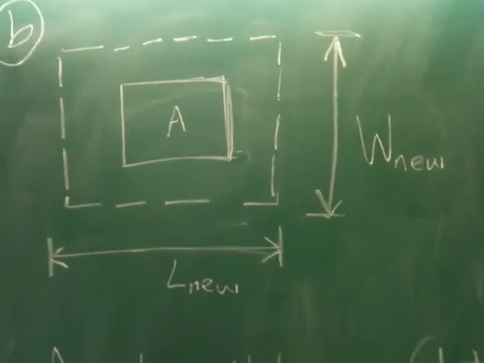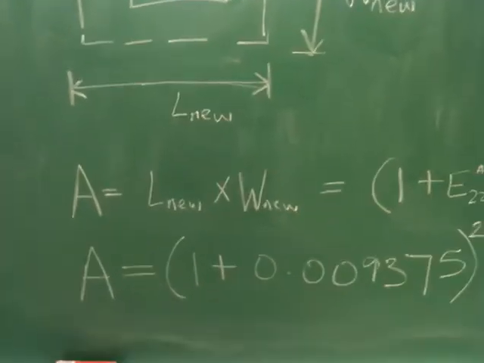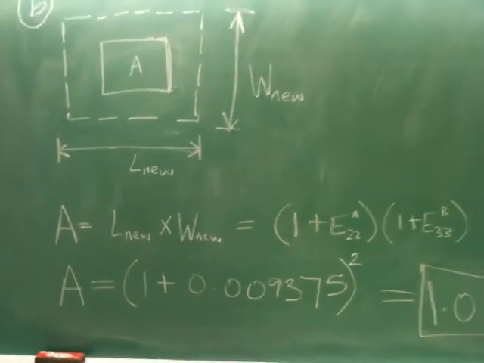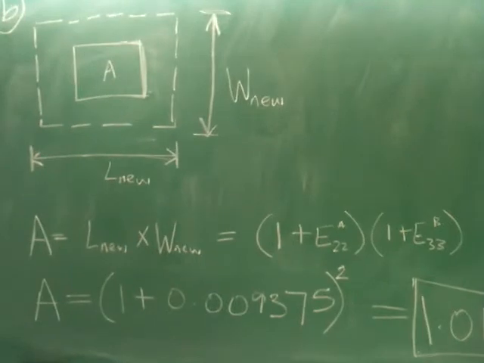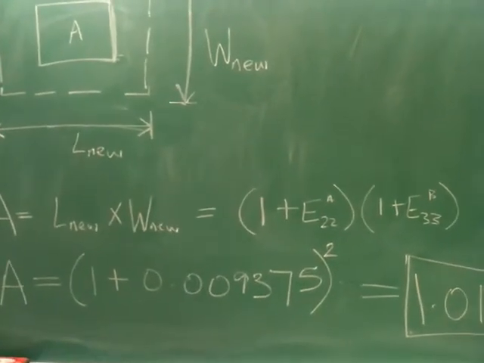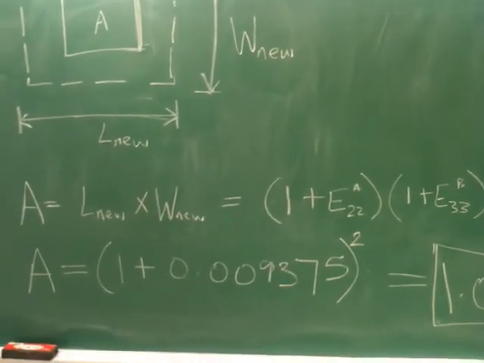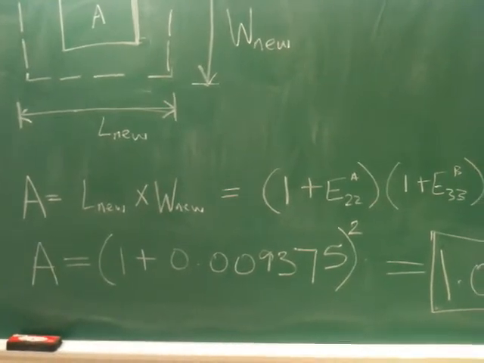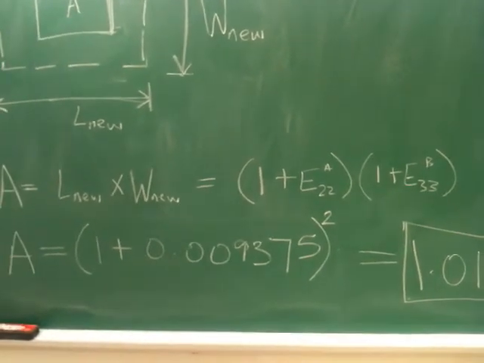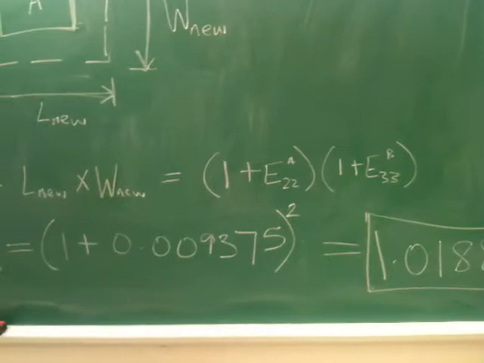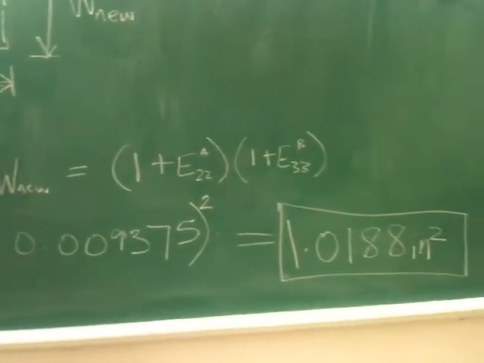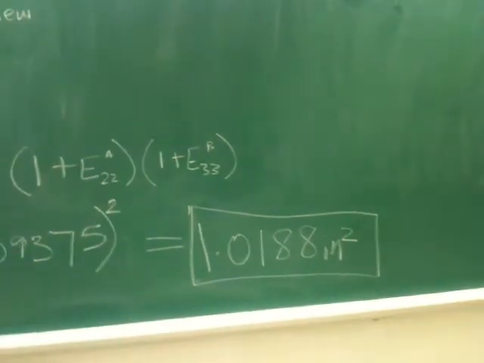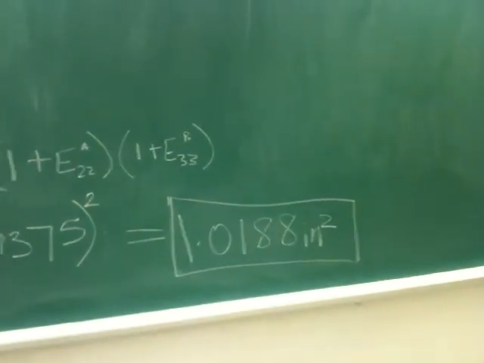And then from this, we can calculate the area, which is simply the deformed length and the deformed width. Using the strains in the appropriate directions, we get that the area is 1 plus 0.009375, the whole term squared because it's the same in both directions, and we get a final area of 1.0188 inches squared.